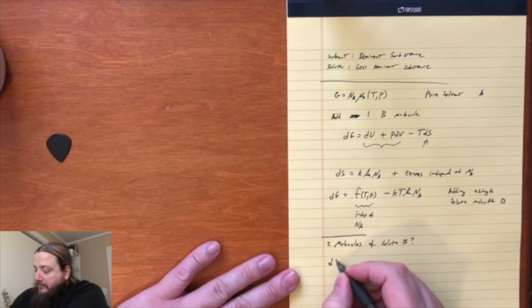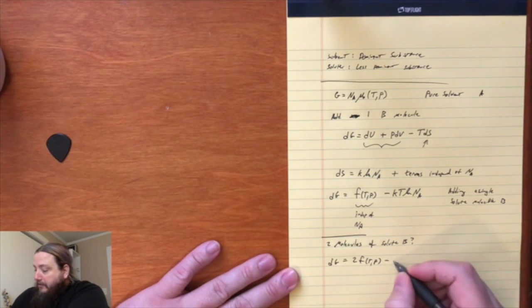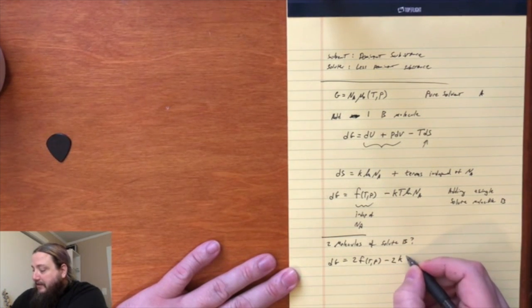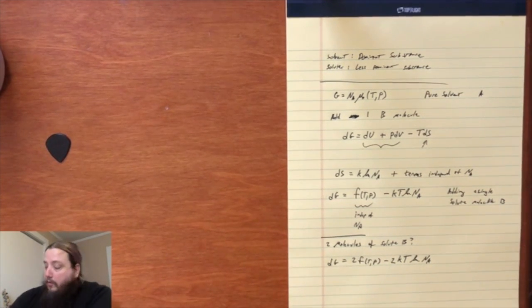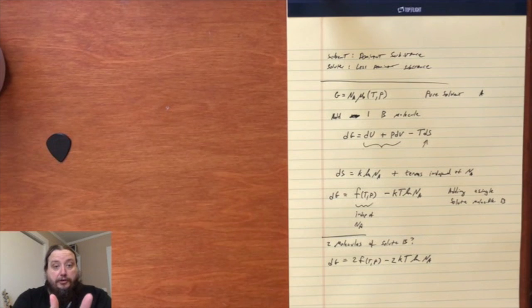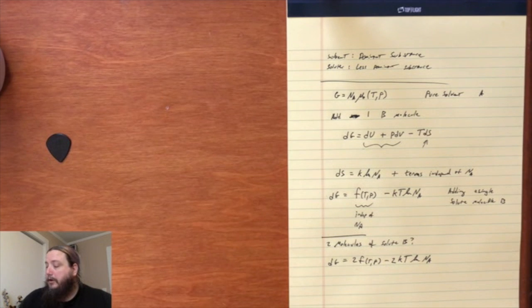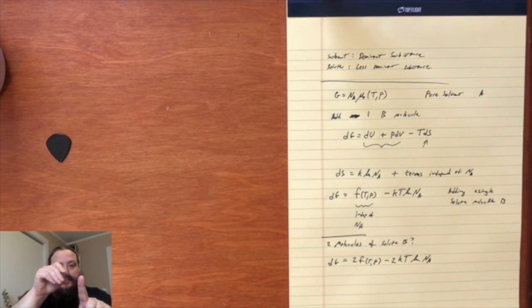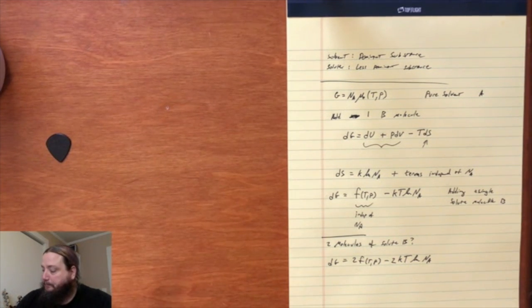So we can't quite just say dG is twice this function of temperature and pressure minus twice kT log Na. And the reason is, well, obviously the first ones should be fine because we're going to have 2 B molecules separated far apart from one another. So BB interactions aren't going to happen.